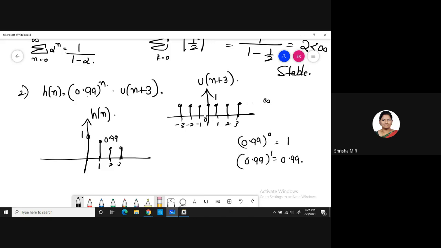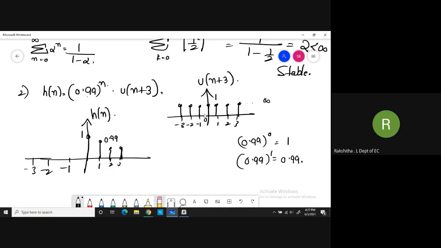What about at minus 1? Minus 2, minus 3. What will be the value at minus 1? Check once. 1 by 0.99. What will you get?